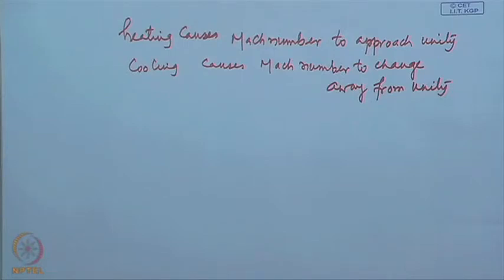Now, if the heat added is more than the maximum amount of heat that is required to take the Mach number to unity, then the flow will be choked and the Mach number at the exit will remain at unity, but there will be change in the inflow condition. And this choking by heating is called thermal choking.